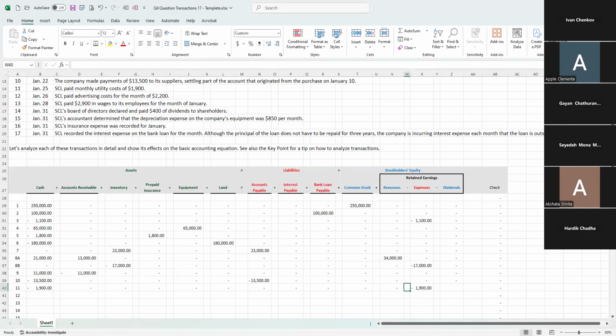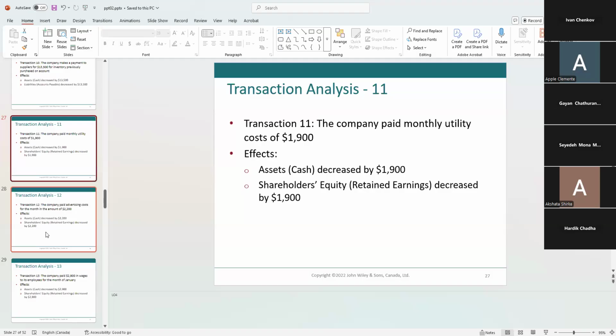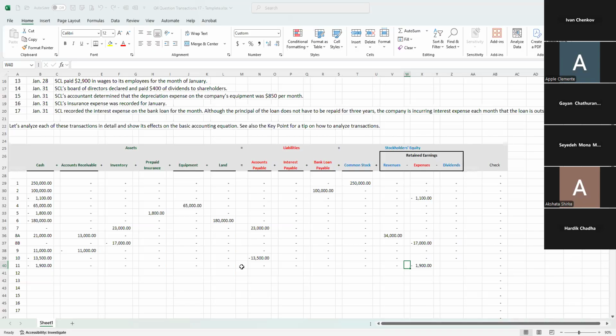So let's see the next transaction. The company paid advertising cost of $2,200. Well, that's a similar transaction to the utilities, right? So what's happened here?